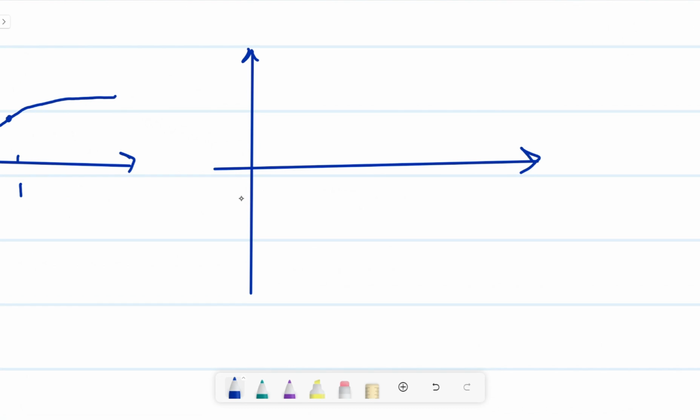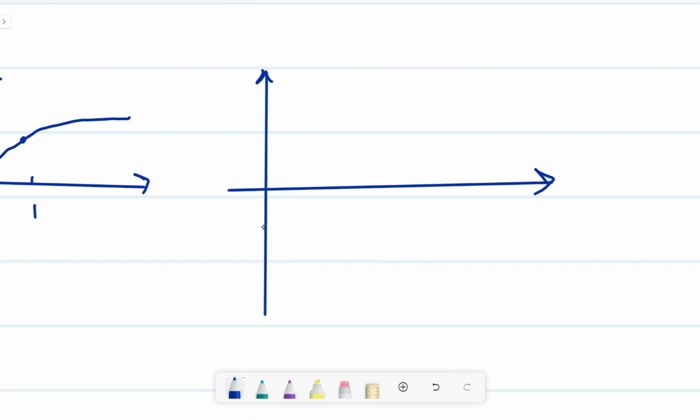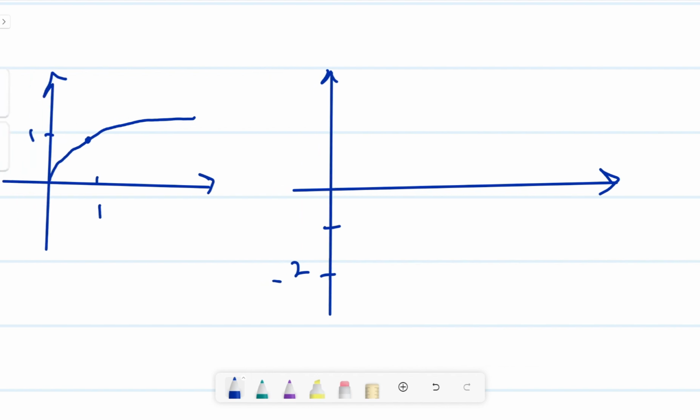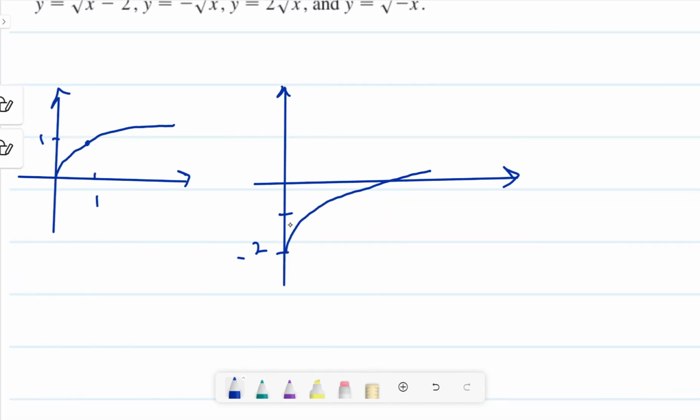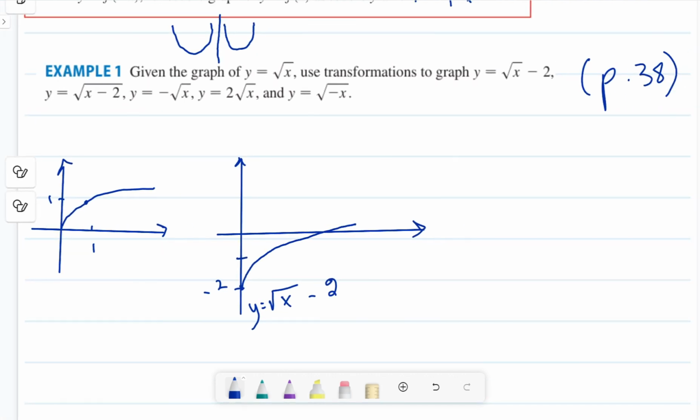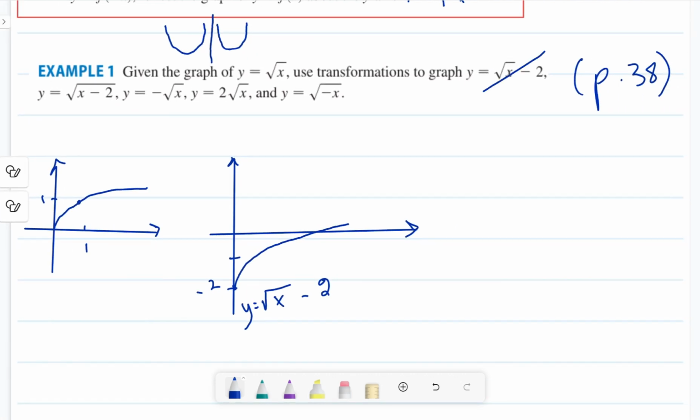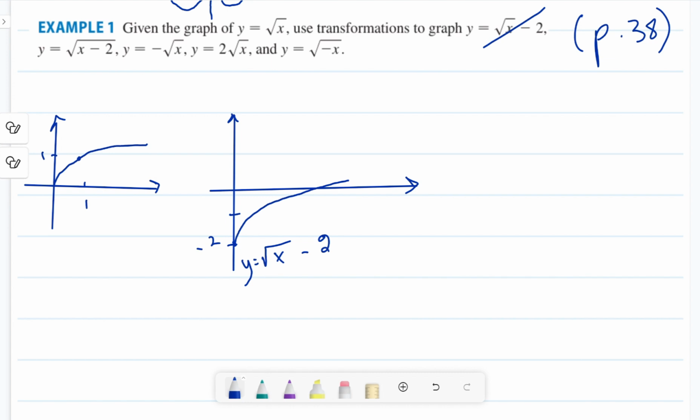So I go until, let's say this is minus 1 and this is minus 2, and I shift my graph here. Again, this is just a sketch, nothing is drawn to scale, but the point is that we shifted the starting point to minus 2. So we finished y equals square root of x minus 2.